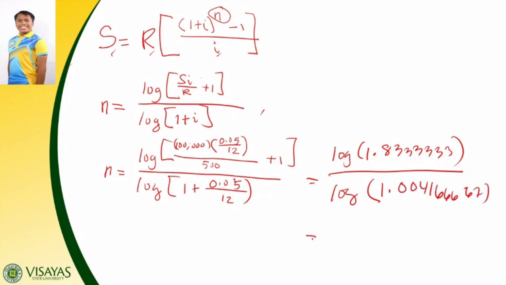Log of 1.0041666667. So this is log of 1.833333 divided by log of 1.0041666667.